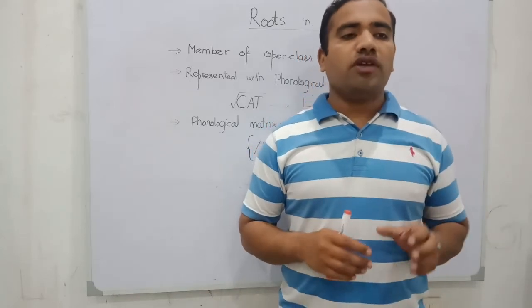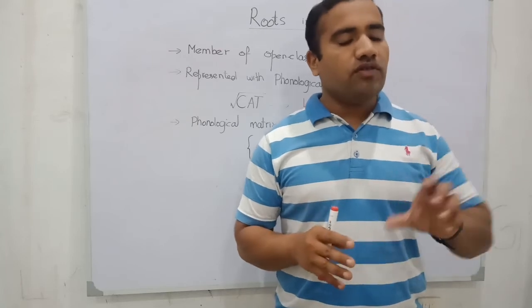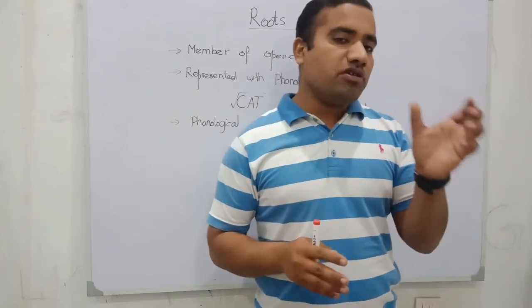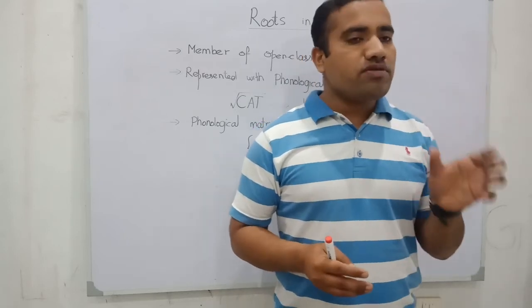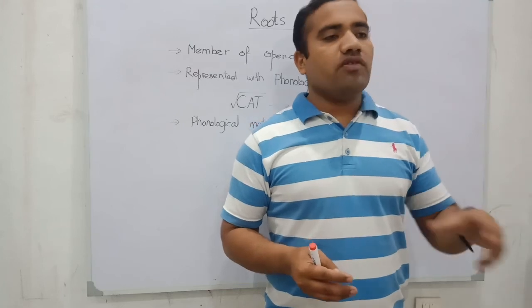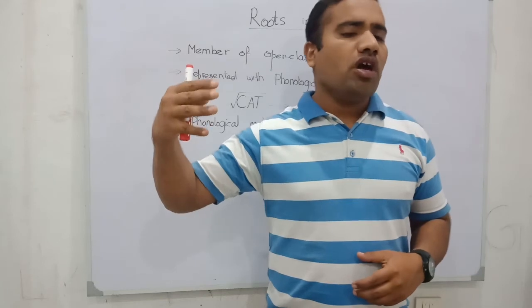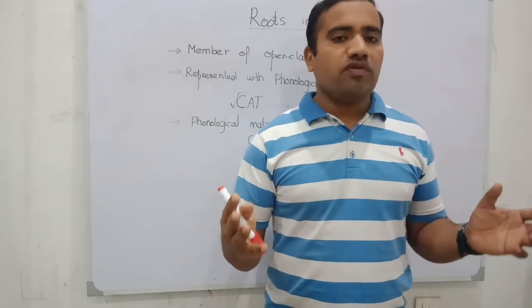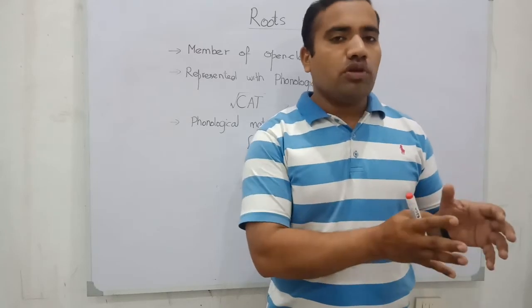But the point is that roots are open class items and they have some phonological features. And if we say that one type of bank has one assumption and another type of bank has another arbitrary assumption, we can say that this is not the problem of morphology, this is the problem of phonology.